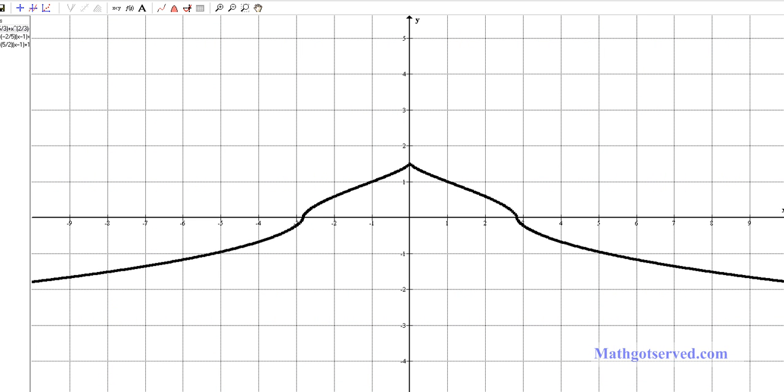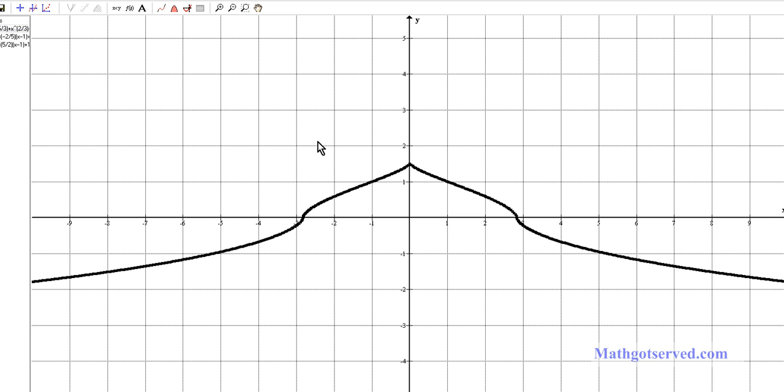Let's take a look at the graphical significance of the result we just generated. This is the graph of the function we found the slope of the tangent and normal lines to, x to the 5/3 plus y to the 2/3 equals 2.